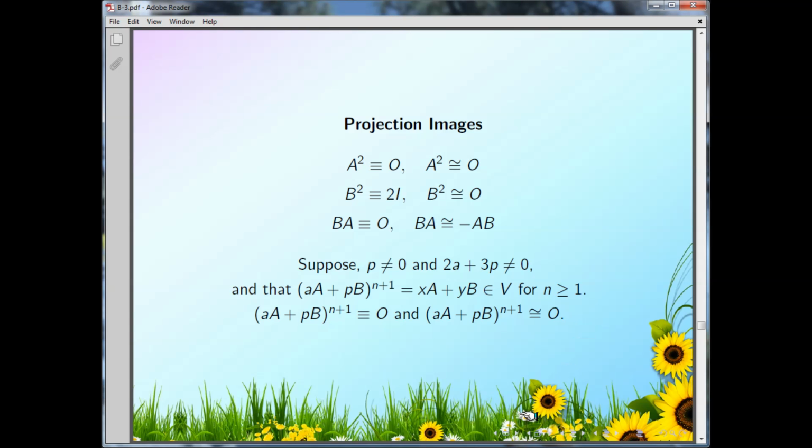I think I wasn't quite correct to explain why these two things are equivalent. So let me do that again. If I raise this one to the n plus 1st power, then you're going to multiply out. So you will have all sorts of powers of A, all sorts of powers of B, and they're multiplied by each other.